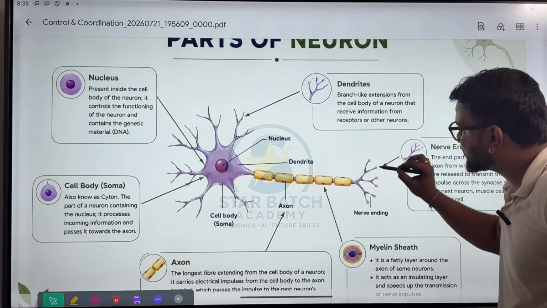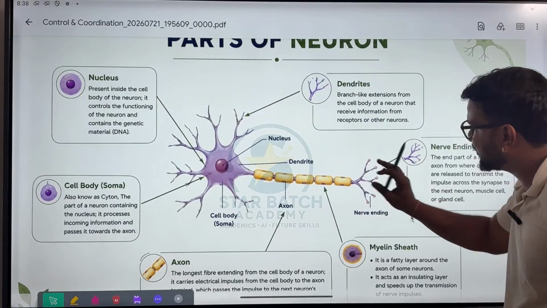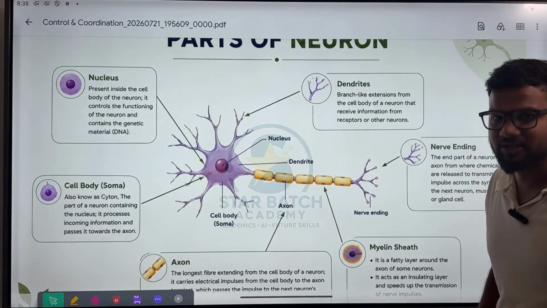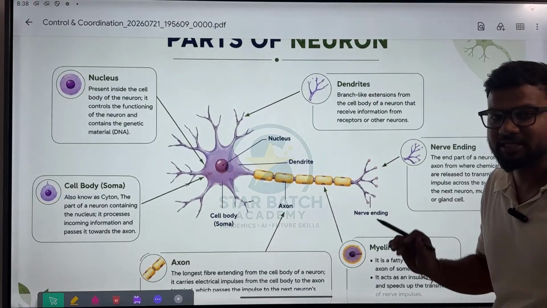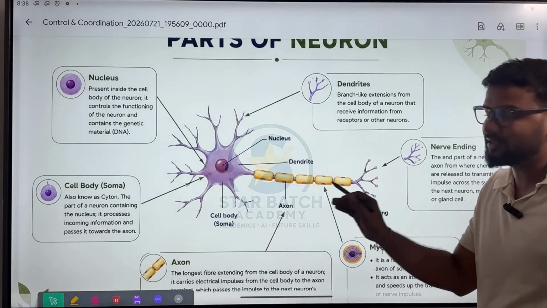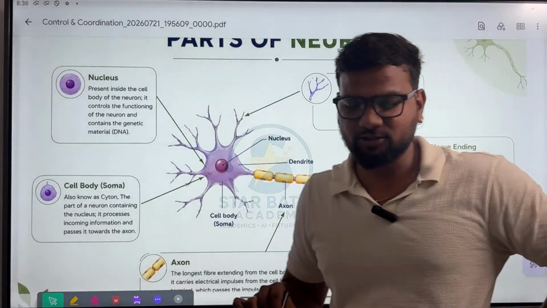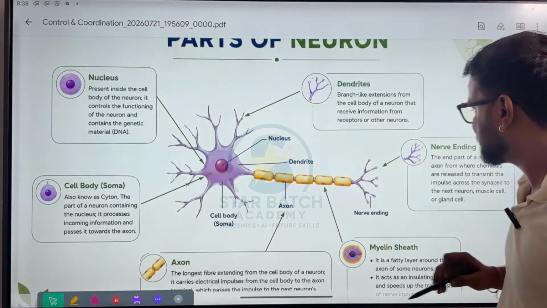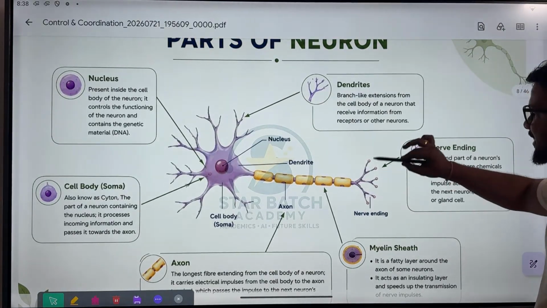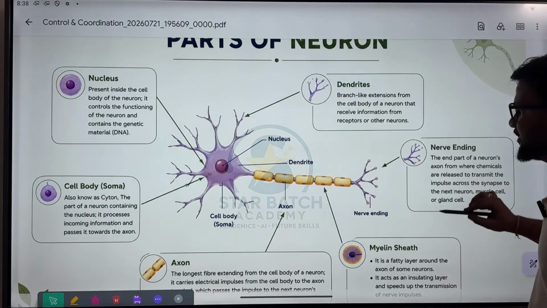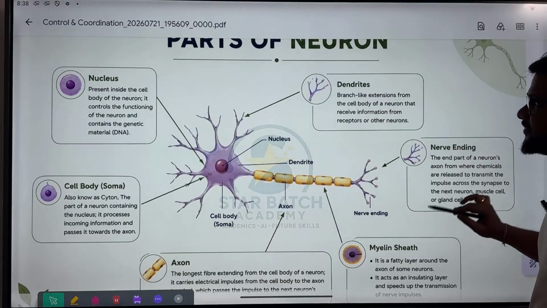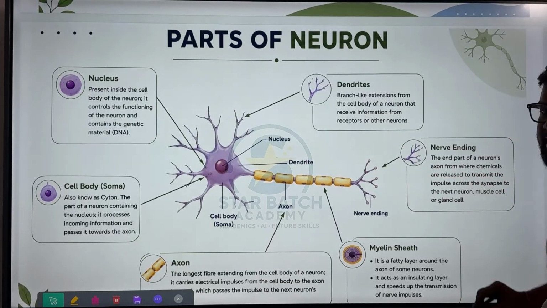Here the neurotransmitters are released as a chemical signal and attach to the other dendrites. So this is how the nervous system works, and the nerve impulse and everything works.